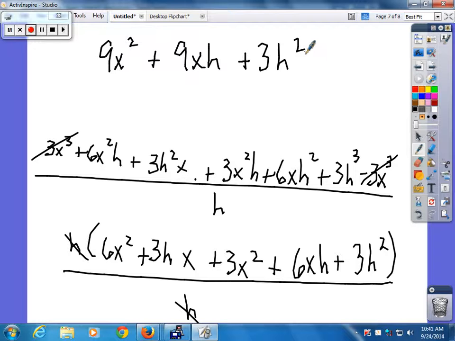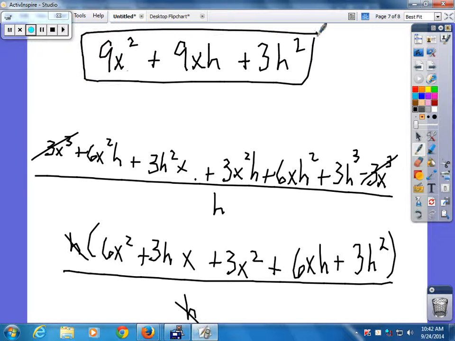Well, Hubert, I thought you said the answer was 9x. Well, what happens when h goes to 0? What happens to the h terms? Then your answer is 9x. Now that's the calculus answer. This is your answer for homework.